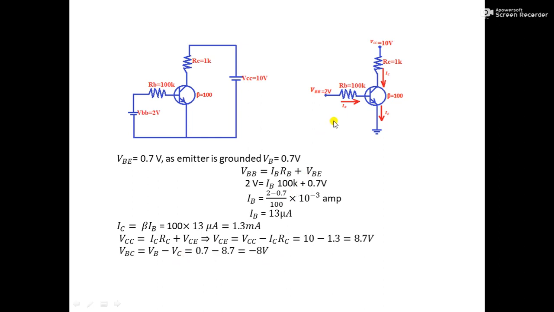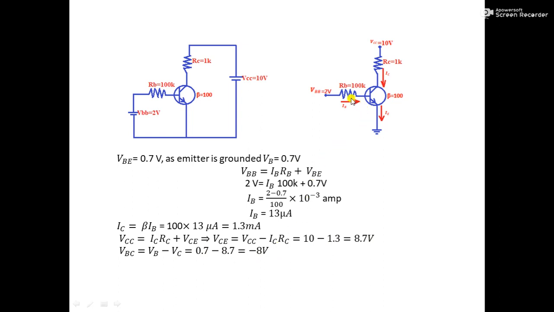Now let us verify the value of VBC. VBC means VB minus VC. We have VB as 0.7 and VC as 8.7 volt. If we subtract, it gives minus 8 volt.